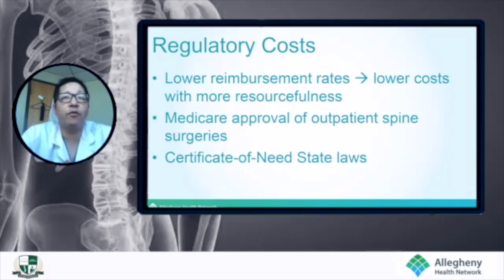Medicare approval for outpatient spine surgeries has been increasing over the years, but certainly that's been a barrier. And the other part is certificate of need state laws, basically justifying to the state that we need this center here, that we need this hospital here, we need this ASC here. Ultimately, that certainly has played a role in hindering the development of ASCs.